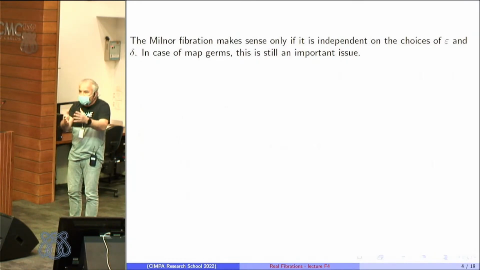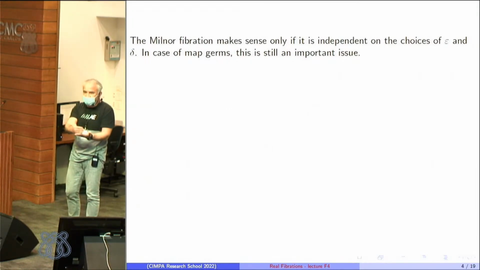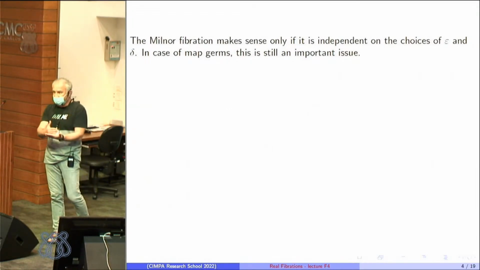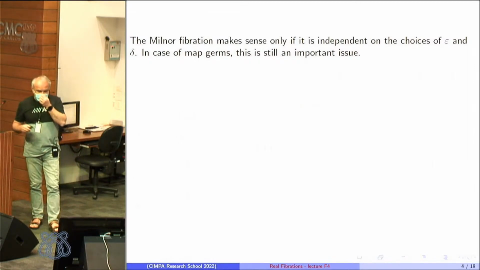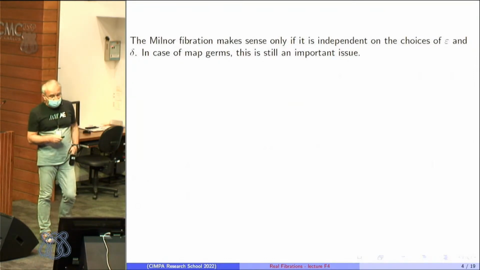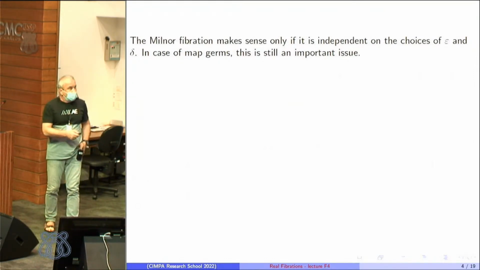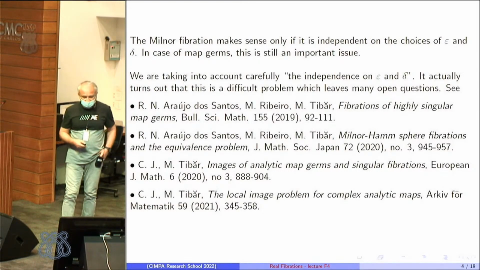Even when you're in college, you talk about groups, you take the quotient, you have to check always independence of the representative. This is the basic stuff that you learn once you learn about equivalence relations. And as Mihai wrote here, this is an important issue, and we're going to look at this kind of issue in this talk.